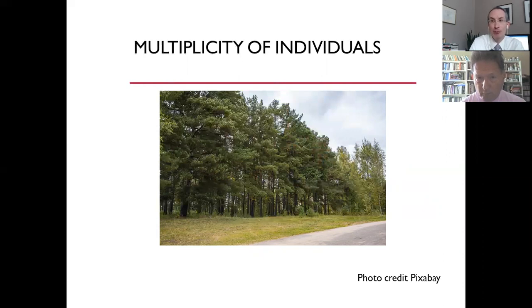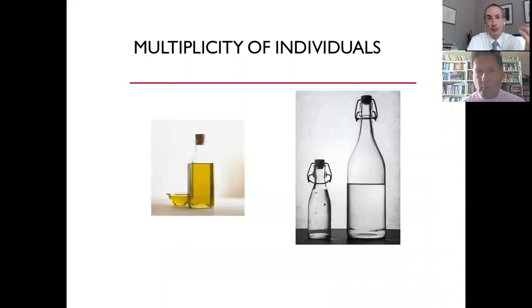Each is an individual pine tree, but they're all pine trees, and so forth. And even down to the level of the inanimate. We can say that this is water, and it's individually distinct from the water here, or the olive oil here is individually distinct from the olive oil in the bottle, but they're both olive oil. They're both the same.